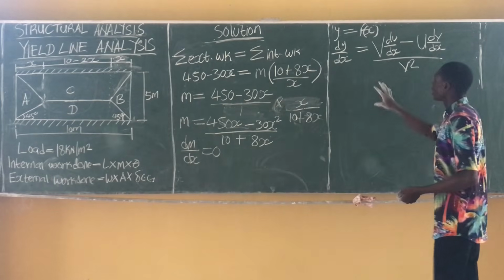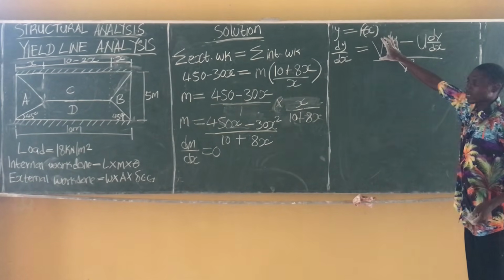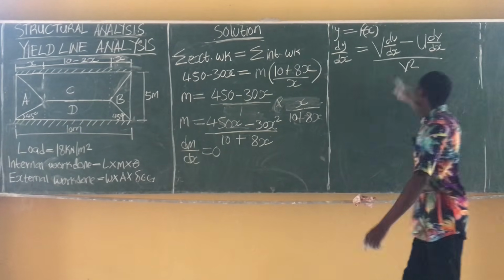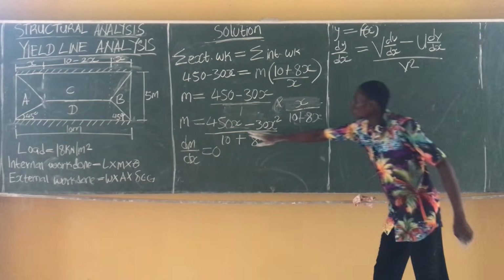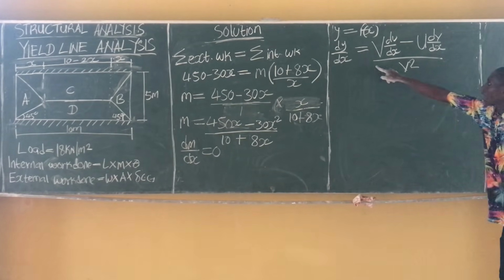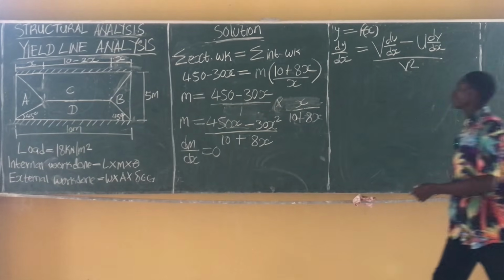So this simply says: write the denominator first, then differentiate the numerator, minus, write the numerator first, differentiate the denominator, and divide through by the denominator squared. So let's do that.